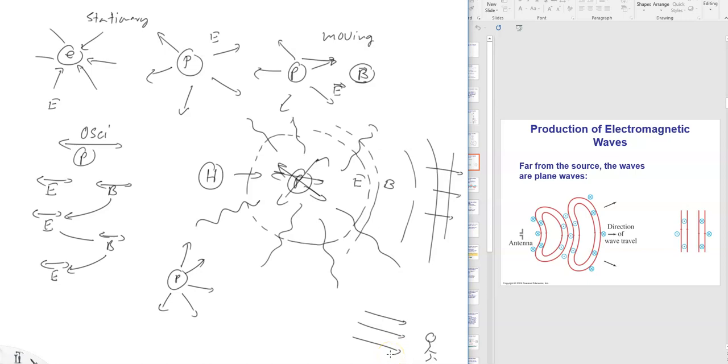So we can say that the light from the sun falling on Earth is going to be parallel. These light rays are parallel, so that's why we consider them as parallel rays, because they're so far that the wavefronts have almost become straight lines.